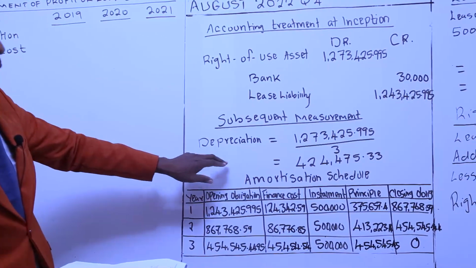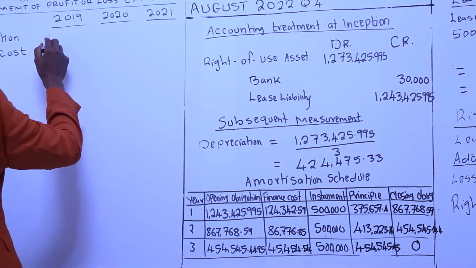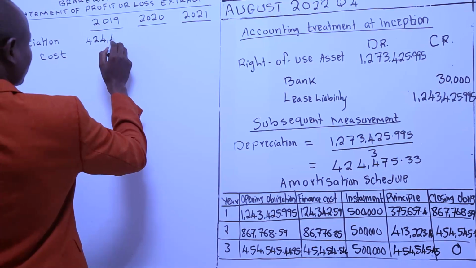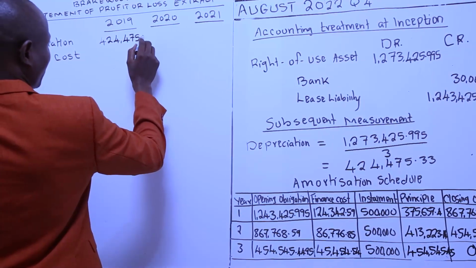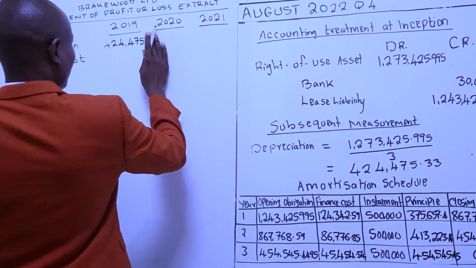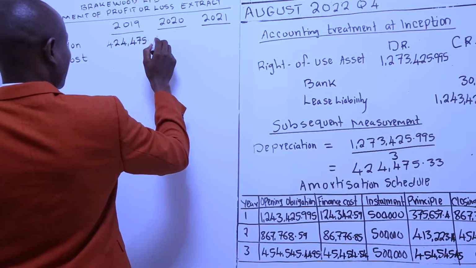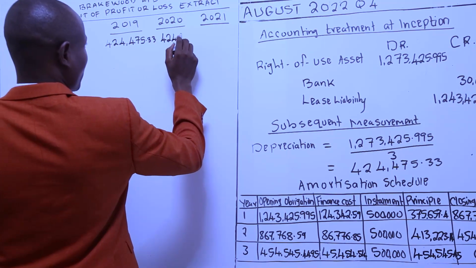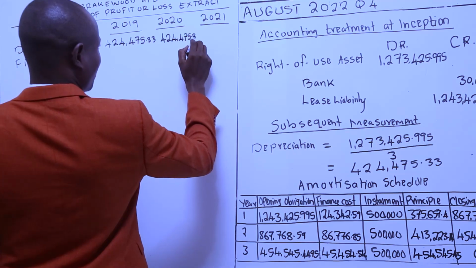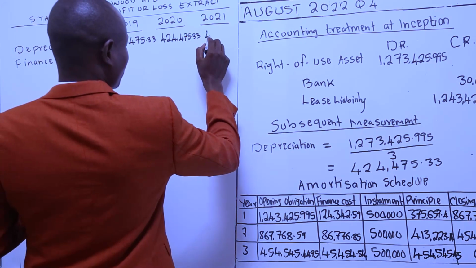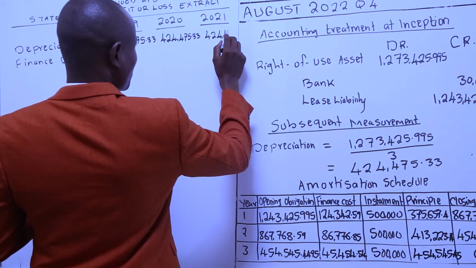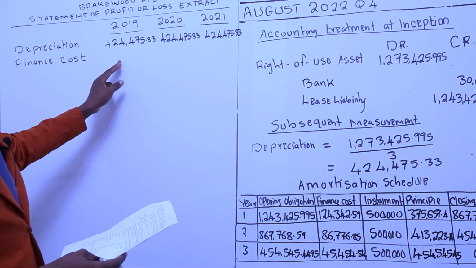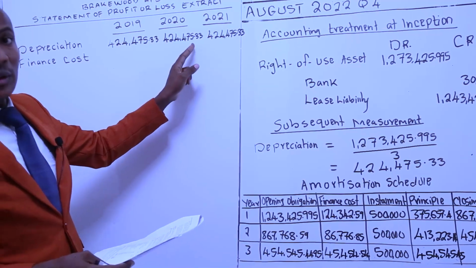Looking at our depreciation computation, we can bring in 424,475.33, which will be constant. That will be our depreciation for the 3 years, 2019, 2020 and 2021.